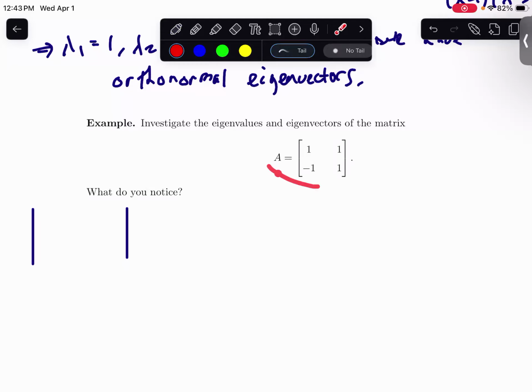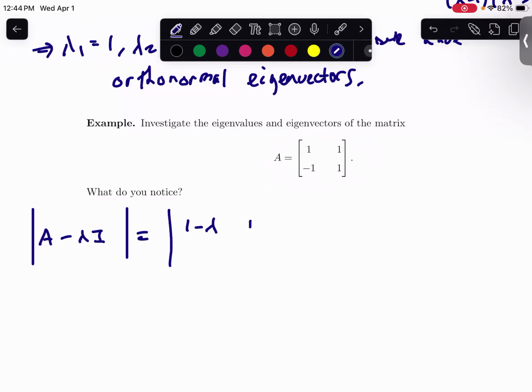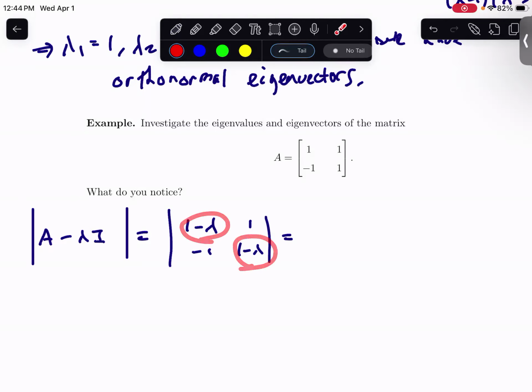again, you take this matrix and do A minus lambda I, find the determinant, and then set it equal to 0, like we've been doing plenty of times so far. So this is going to be 1 minus lambda, -1, 1, 1 minus lambda. And if you compute the determinant, eventually you'll be able to write it as a quadratic polynomial in lambda.